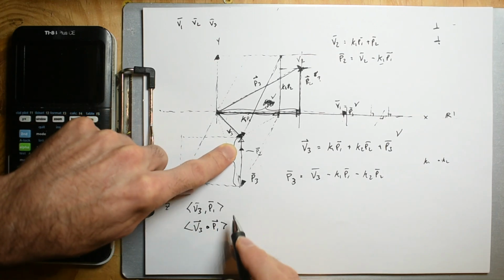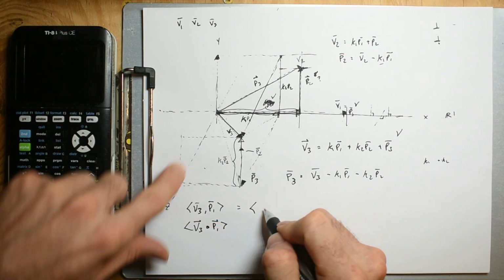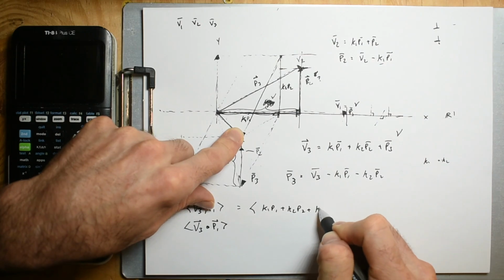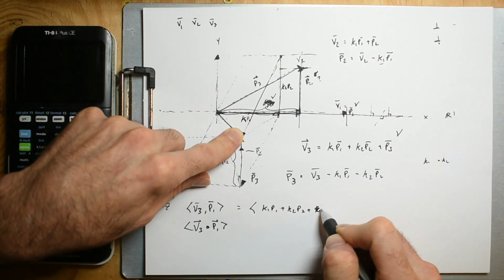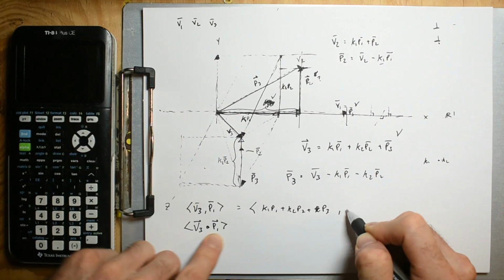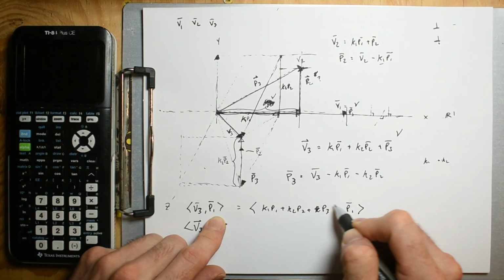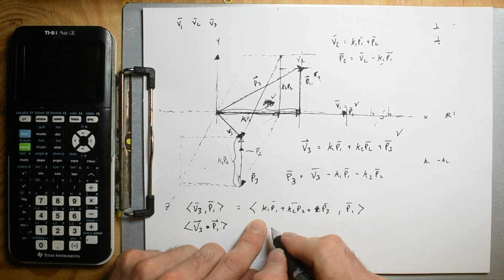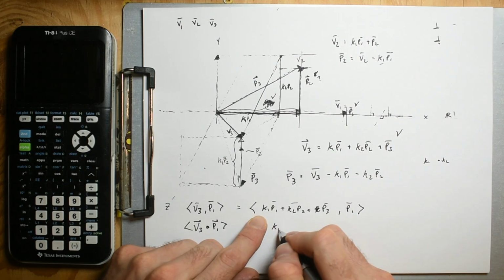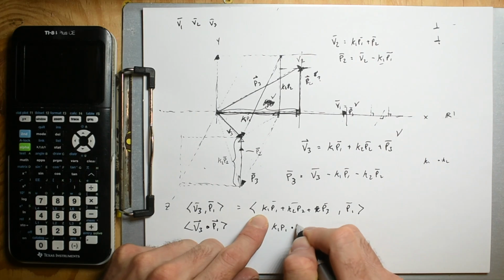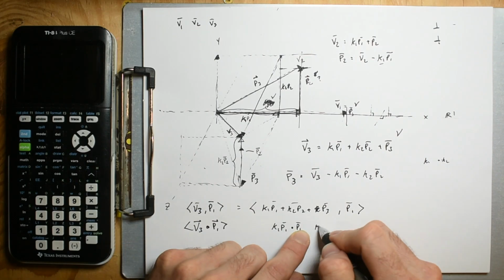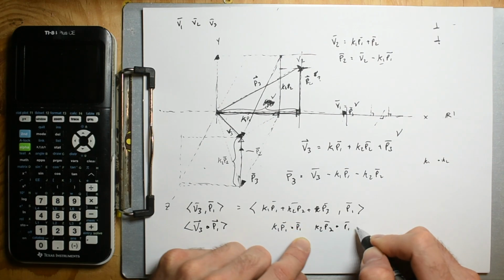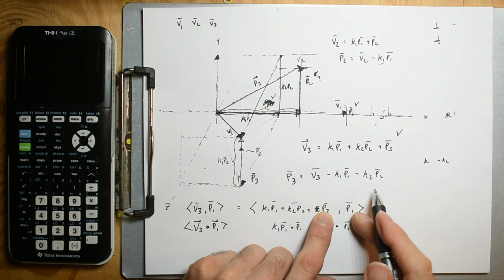But what happens is V3 is actually K1 P1 plus K2 P2 plus P3, and then we dot it with P1. And we can FOIL this through. So if you're more familiar with it like this, K1 P1 dotted with P1, K2 P2 dotted with P1, and then P3 dotted with P1.